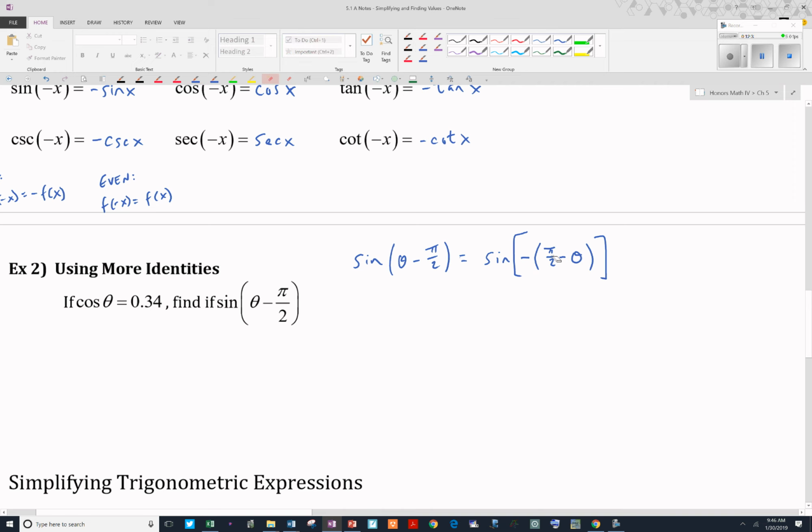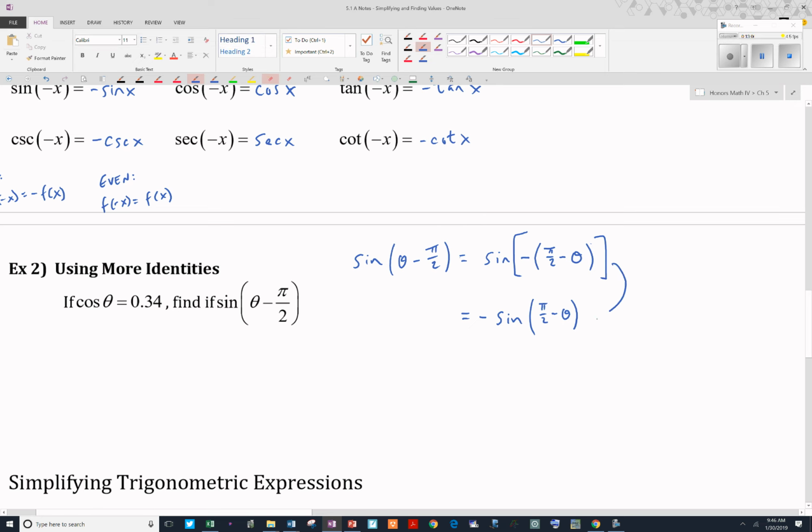Well, our negative angle identity, our odd-even identities, said that the sine of a negative angle, which is basically what this says, there's a negative angle on the inside of that sine, is equal to the opposite of sine of the original angle, so of the pi over 2 minus theta, whatever is in that spot right there. So first, from here to here, we just pull out a -1 on the inside.